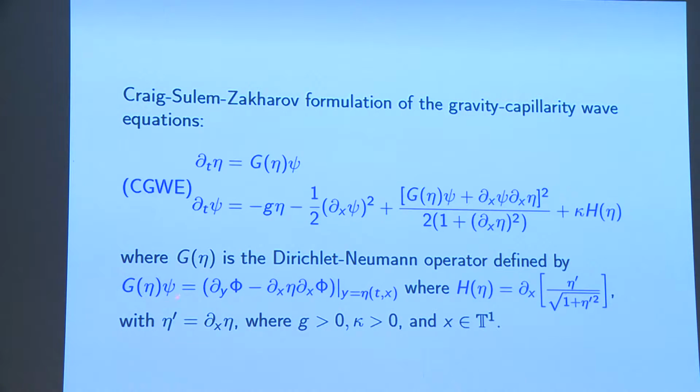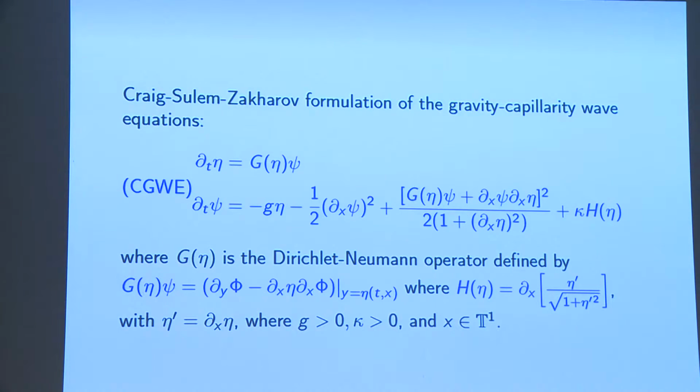So given a function psi, you solve the Dirichlet problem with boundary value psi, and so you find a potential capital Phi, and then you compute the normal derivative of that potential, dy phi minus dx eta dx phi, at the free surface y equals eta of t and of x. And this defines G of eta psi, which is just the usual Dirichlet-Neumann operator.